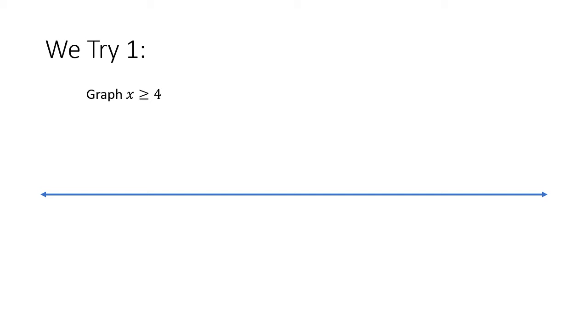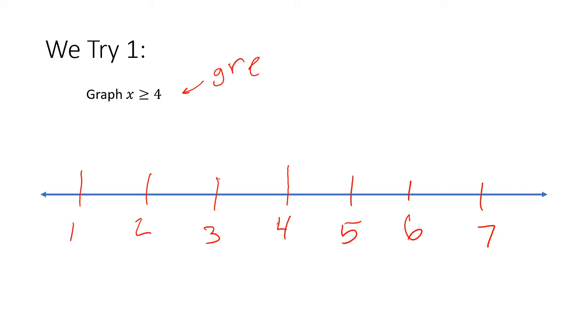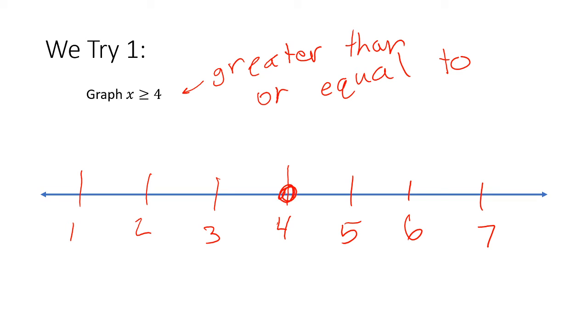So let's do one together. Let's graph all the numbers greater than or equal to 4. We'll sketch a really quick number line here. Okay, so it's greater than or equal to, which means that it does include 4.